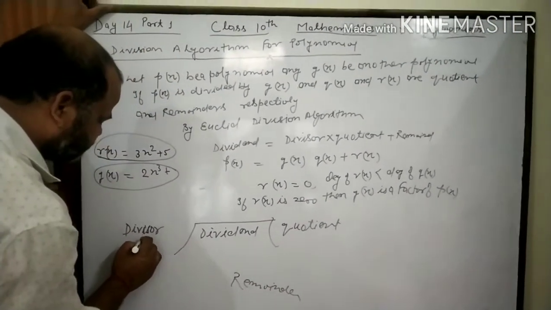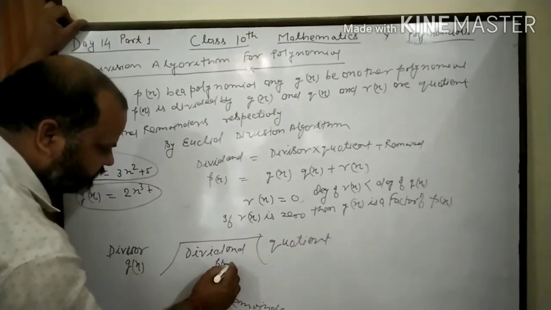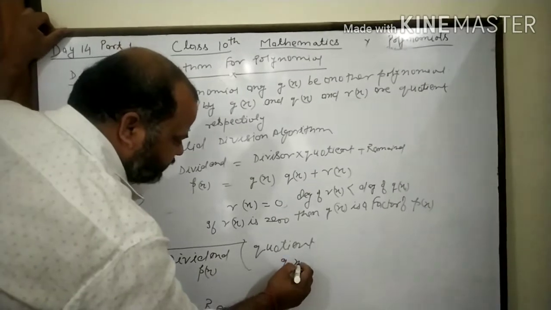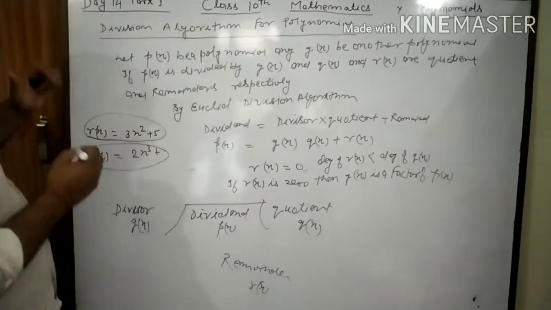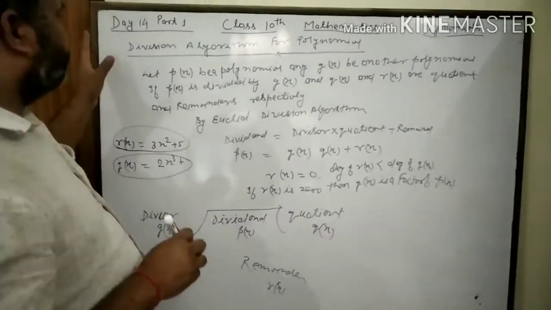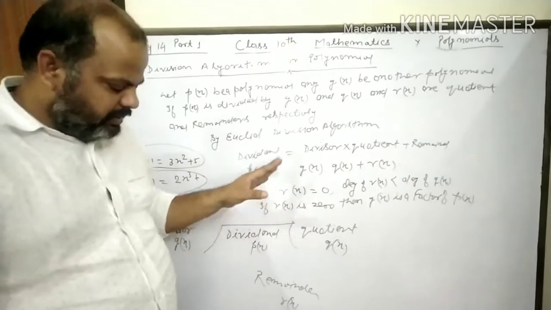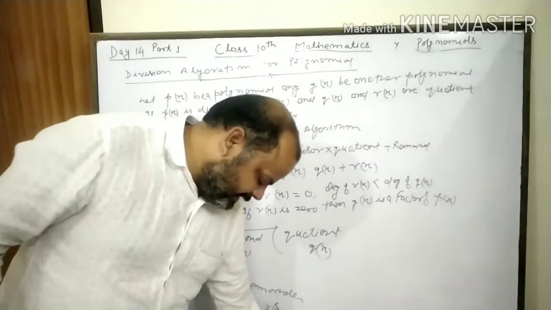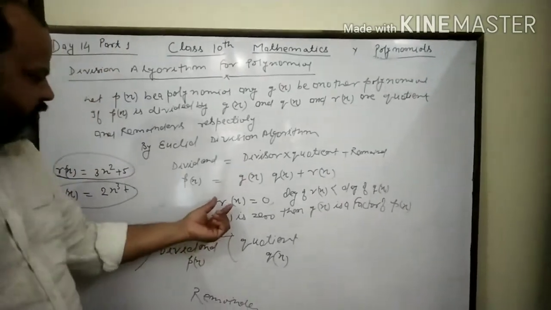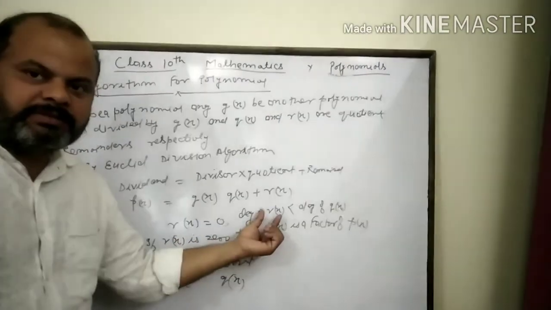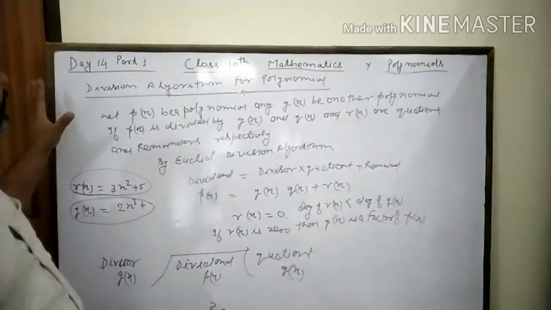Here it is Gx, it is Px, it is Qx, and it is Rx. Then this process is called the division algorithm for polynomials. Now we discuss with an example. The degree of Rx is less than the degree of Gx.